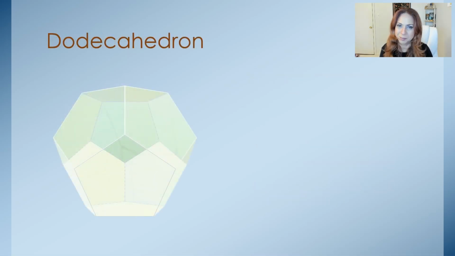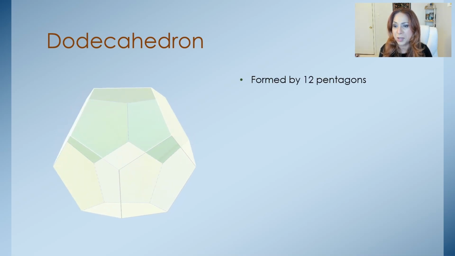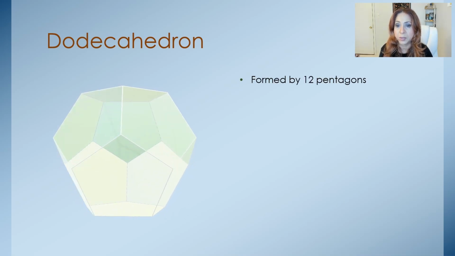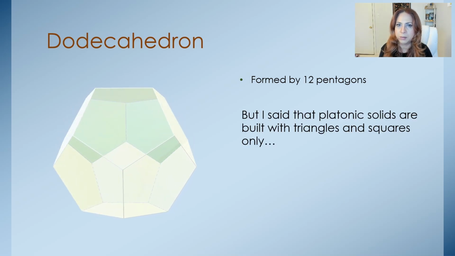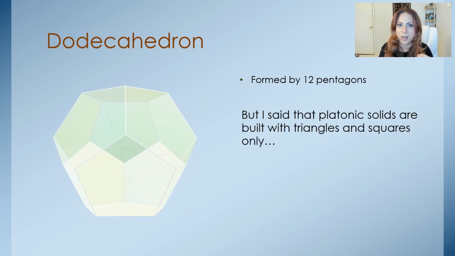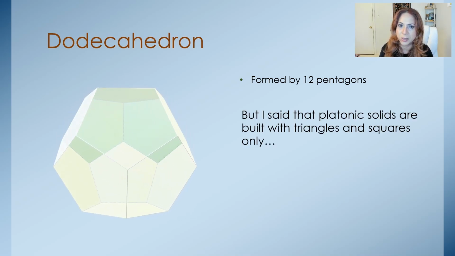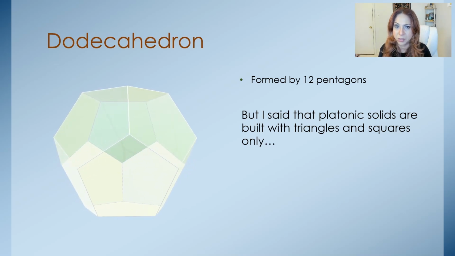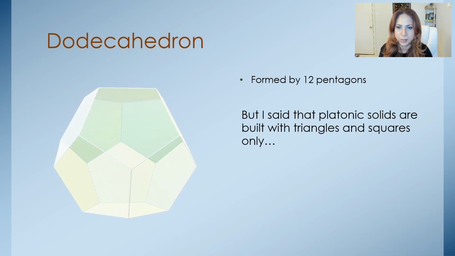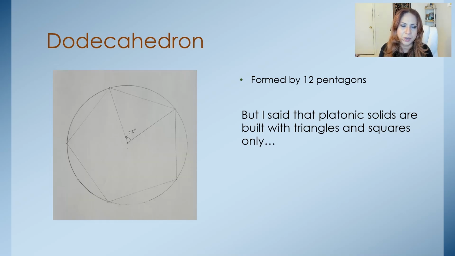The last one, I said this was going to be easy, the dodecahedron. And this figure is formed by 12 pentagons. And now you remember that I said that only triangles and squares can make a Platonic solid? Let's look at this. I put this figure on pen and paper on purpose so you can do the same exercise.